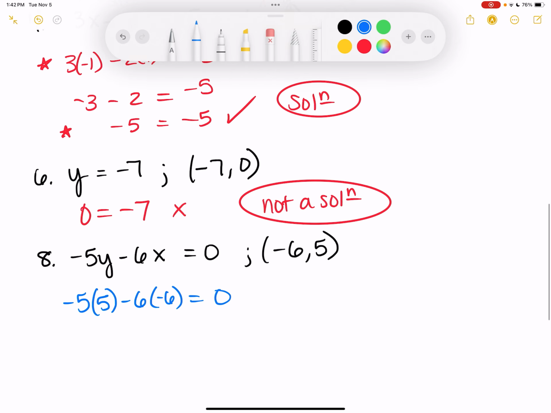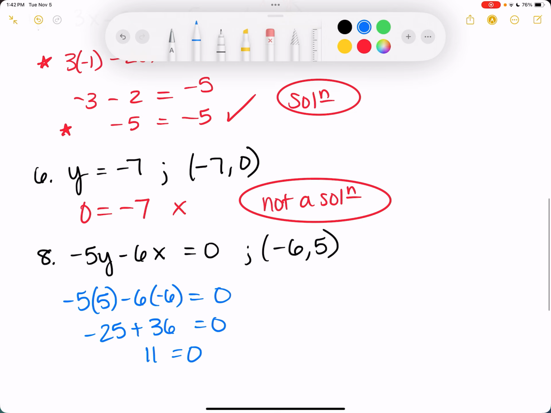What's -5 times 5? -25. And what's -6 times -6? 36. So -25 plus 36 equals 0. What's 36 minus 25? 11 equals 0. So is that a solution? No, not a solution.